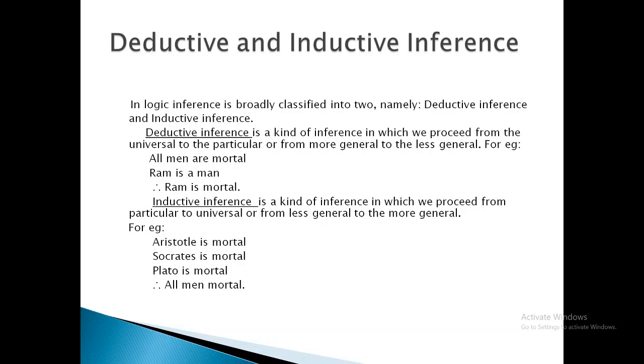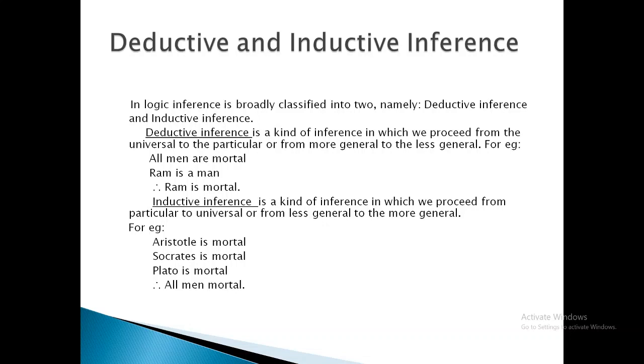So, this is inductive inference. Here, all the subjects you see, Aristotle, Socrates, Plato, are particular, single. And the conclusion you are making here is general, all men. So, in case of inductive inference, you are passing from particular to general.